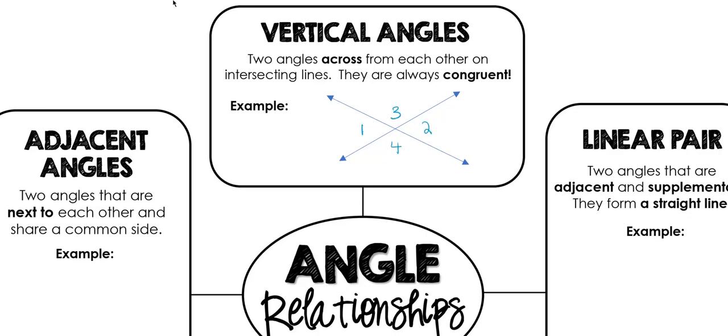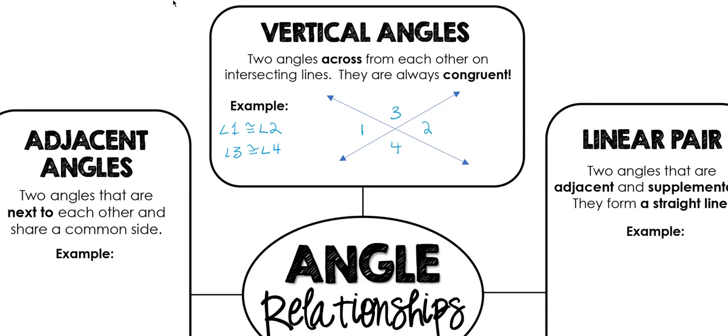That's what I'm going to call them. So vertical angles would be like angle 1 being congruent to angle 2. They're across from each other, right? And angle 3 being congruent to angle 4. They're always across from each other on intersecting lines.